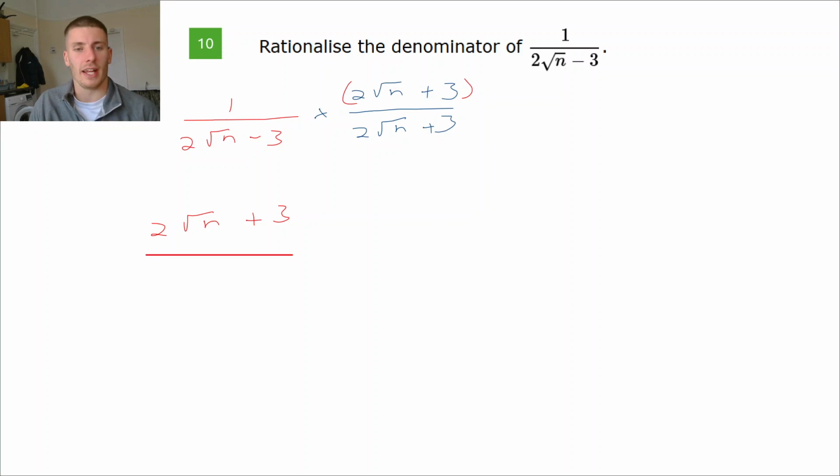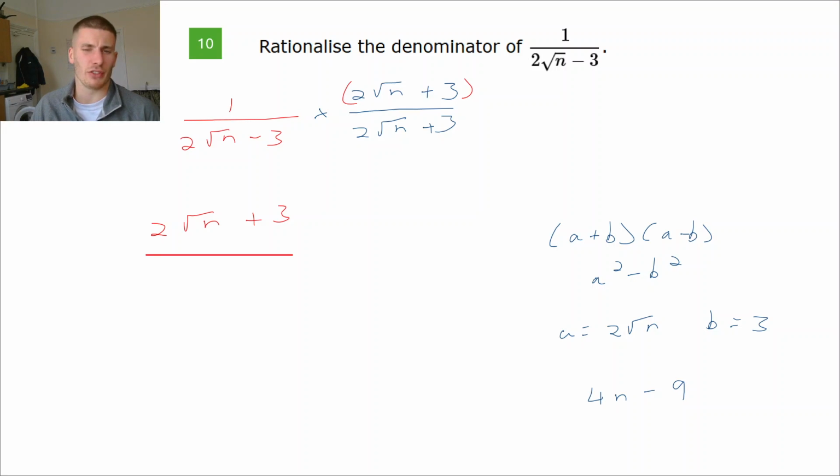That can be written in the form a plus b, a minus b, which goes into the form a squared take away b squared, where a is equal to 2 root n and b is equal to 3. So a squared is 2 root n squared, where 2 squared is 4 and root n squared is just n, so 4n, take away b squared, and 3 squared is 9, so 4n take away 9.